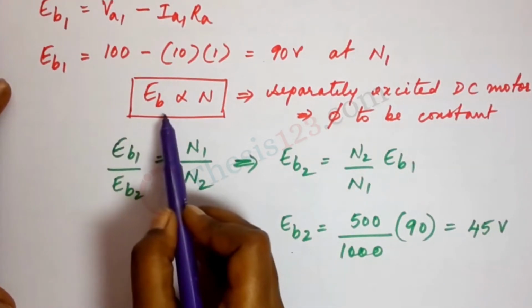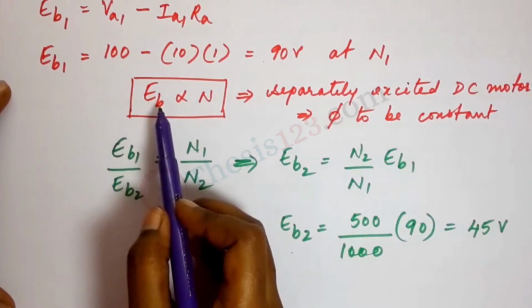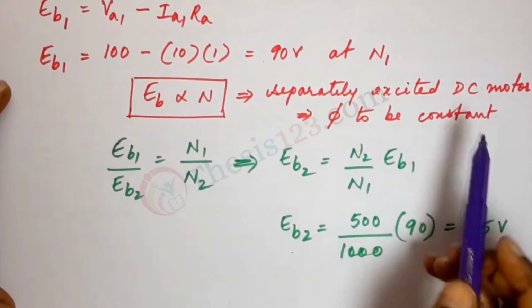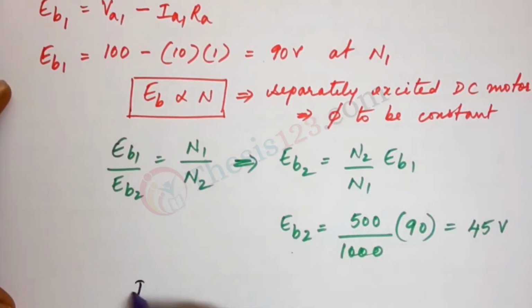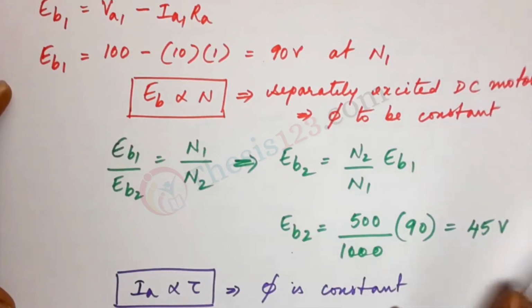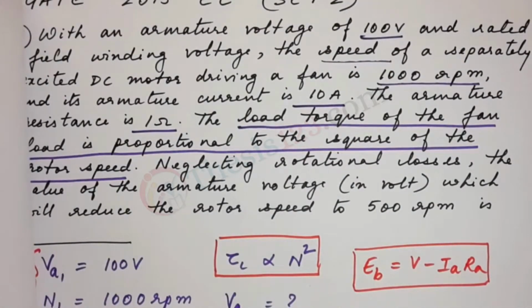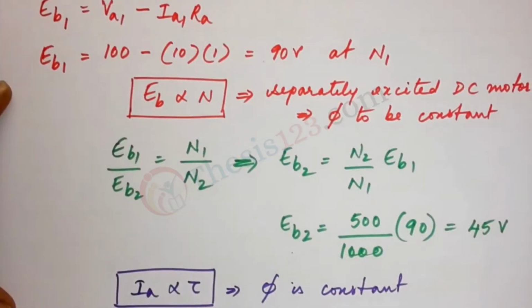Just as we have written down the relationship between the speed and the back EMF for a separately excited DC motor, when flux is constant, we also have the current which is directly proportional to torque. Current is directly proportional to torque since phi is constant. But what has the question given us? The question has given us that the torque is directly proportional to N square. So using that, we can now write that IA is directly proportional to N square.